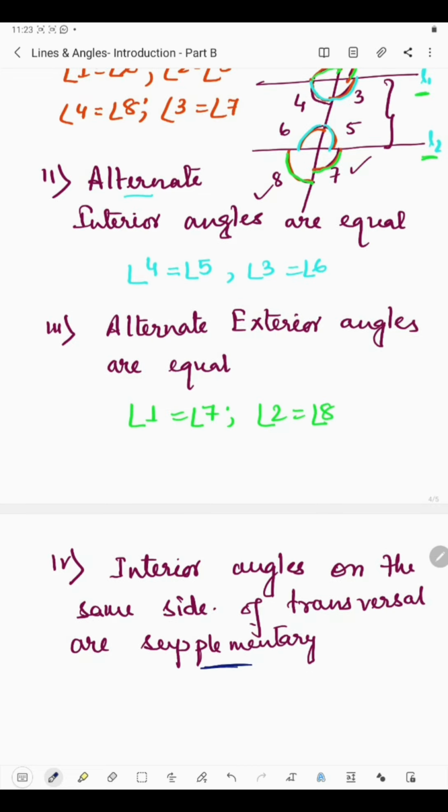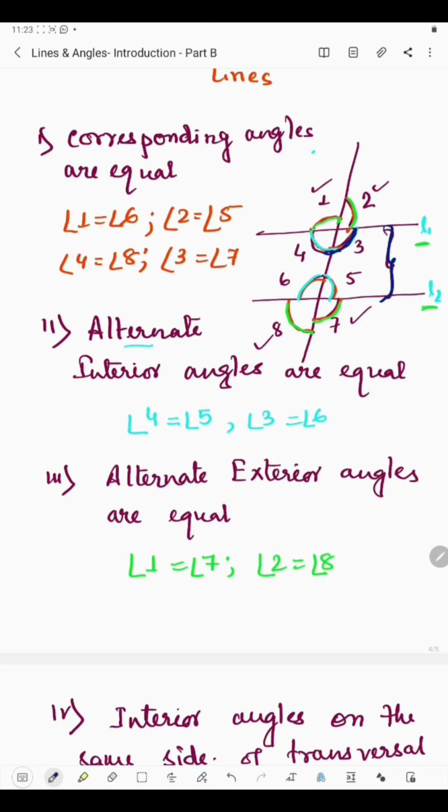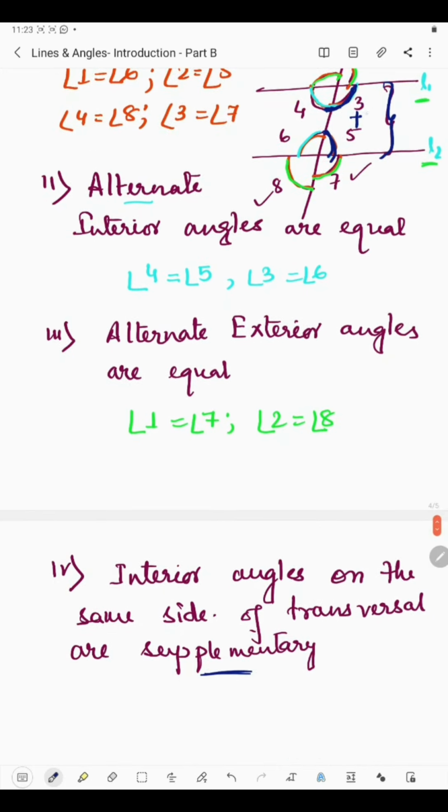Now supplementary means, as you know, that the sum of two angles will be 180 degrees. Now interior angles on the same side. See, this is the interior portion and these two angles, angle 3 and angle 5, are on the same side. So the sum of angle 3 and angle 5 will be supplementary. Supplementary means it will be 180 degrees.